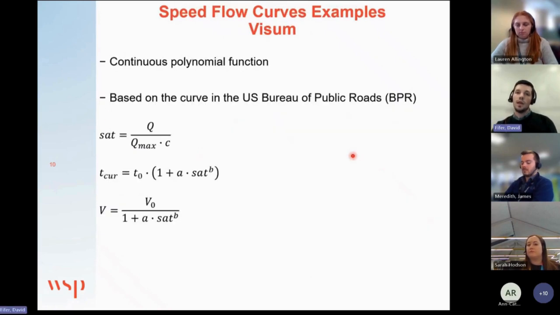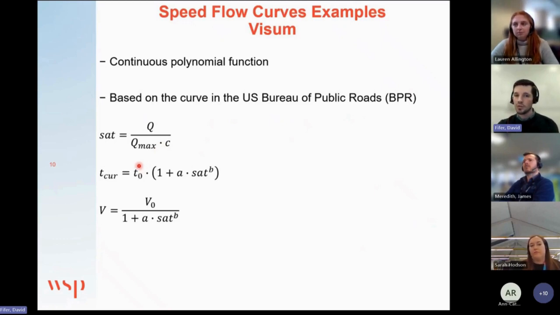VISUM again uses a continuous polynomial function, but it's based on the US Bureau of Public Roads curves. And actually, instead of using flow, it's based on the saturation, which is a measure of the flow compared to the capacity of the road.